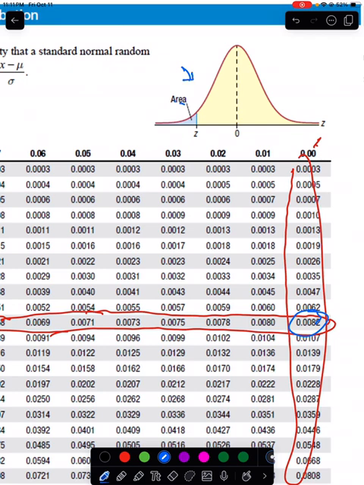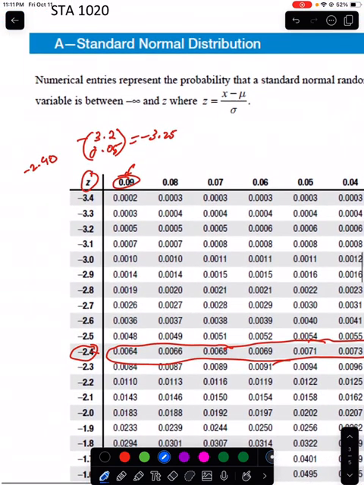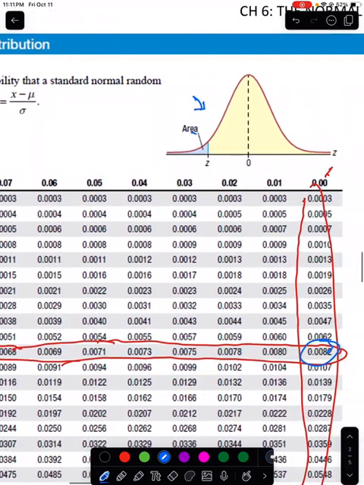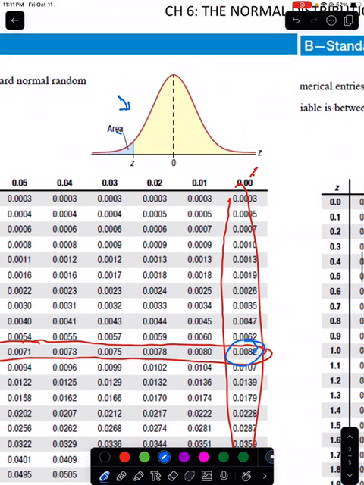Because z is a negative number, the bigger the z is in the negative, the smaller this area value will be.